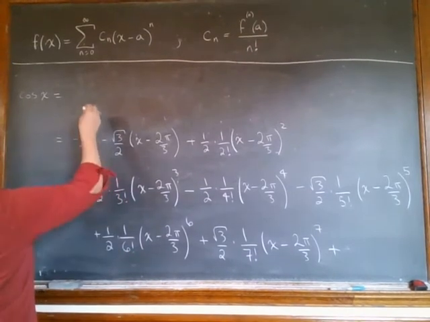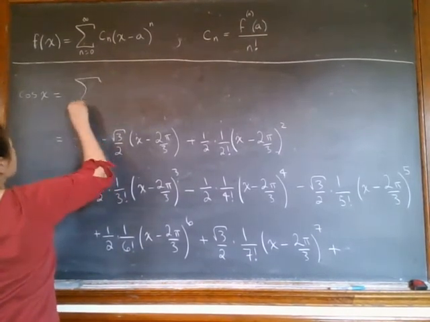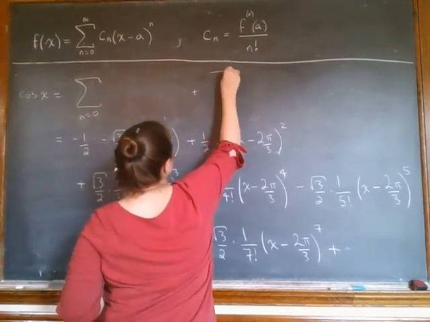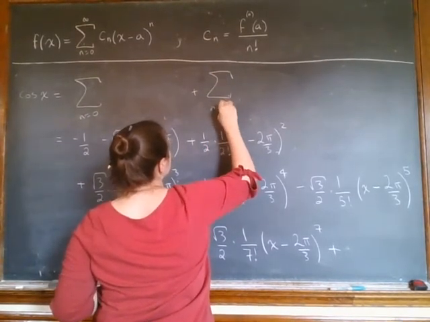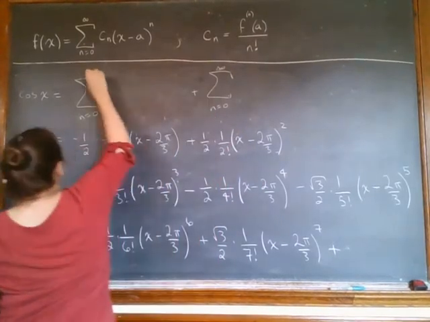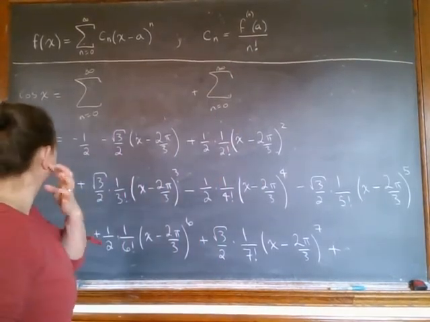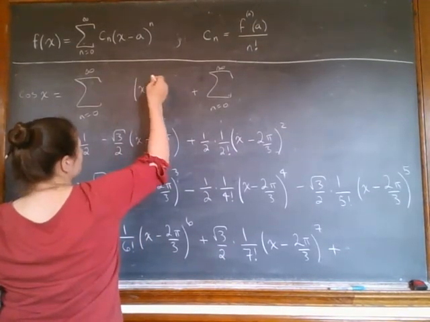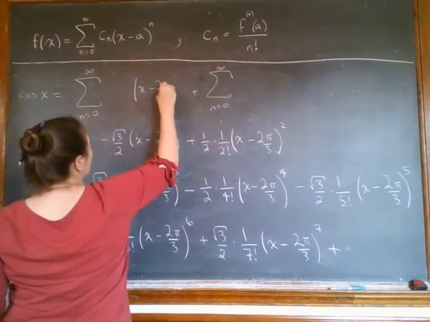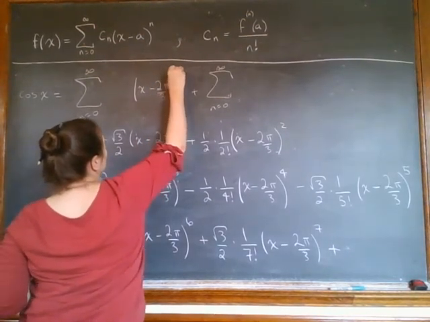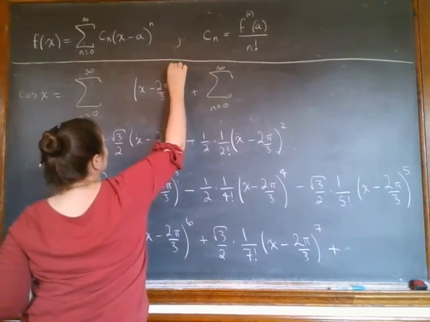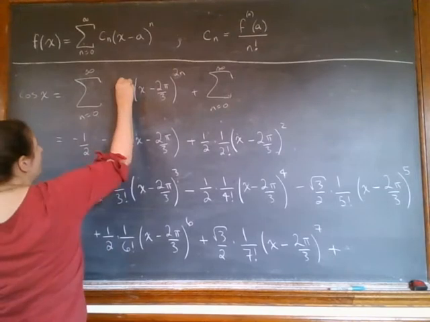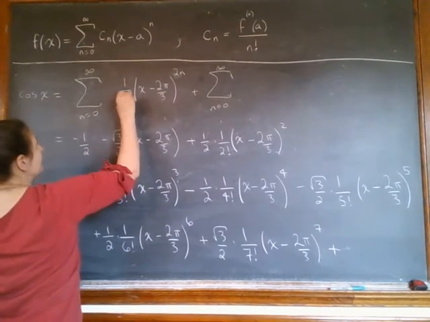So if I break this up into the even ones and the odd ones, two separate pieces. And for my even one, I'm going to do x minus 2 pi over 3 to the 2n, right? That's my even, 2n.